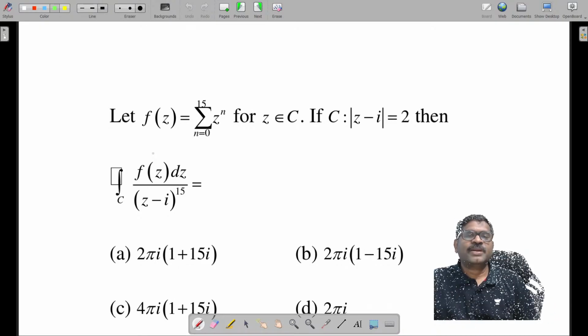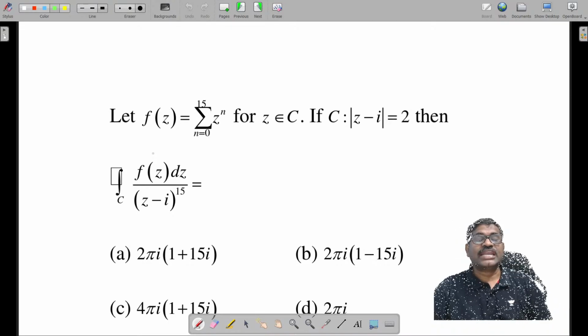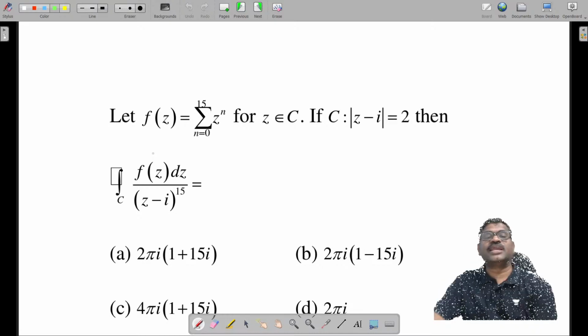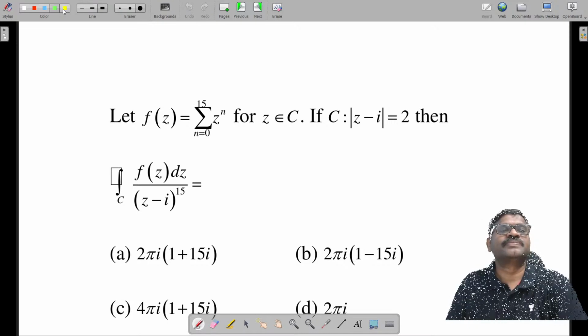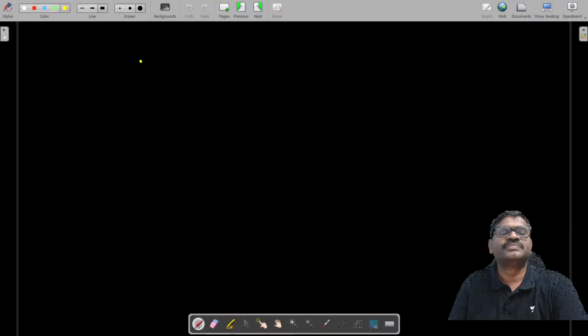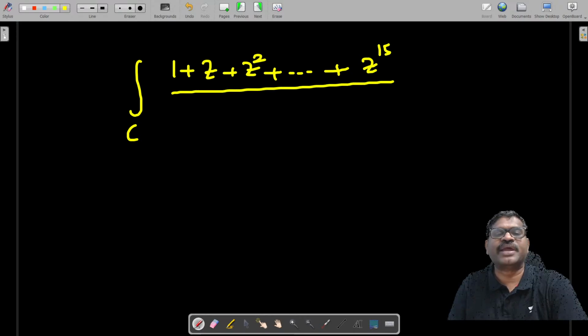Let f of z be the sum n equal to 0 to 15 of z power n. Observe here, integral over C of 1 plus z square plus up to z power 15 by z minus i whole power 15 dz.